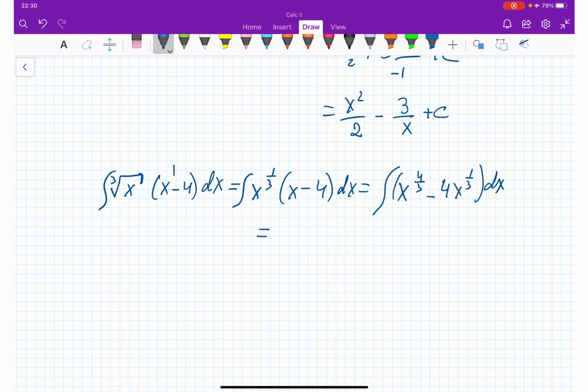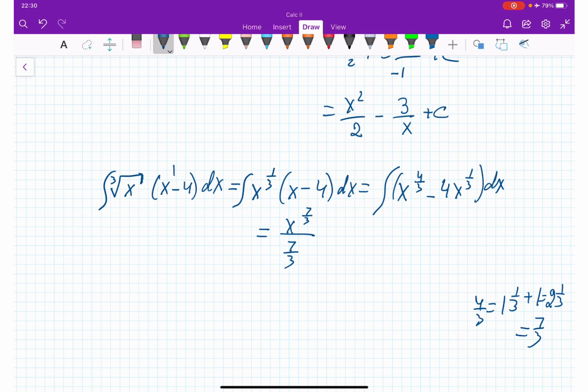All right. So from here, well, let's take the antiderivative. X to power 4/3. So if I plus 1, so 4/3 is a 1 and 1/3, right? Plus 1, it's going to be 2 and 1/3, which is going to be 7/3. Okay, so we are getting x to power 7 over 3 divided by 7 over 3, right? Because we are using the property, x to power n plus 1 over n plus 1.